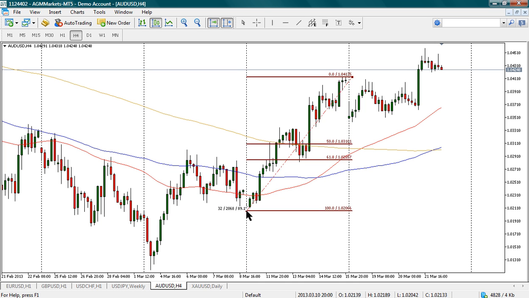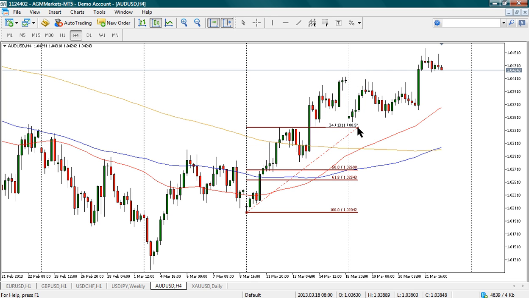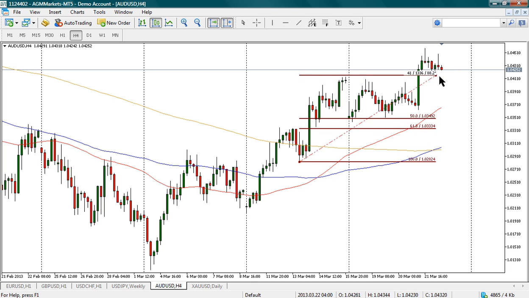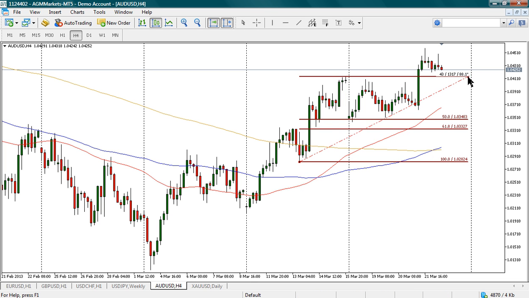We'll look at this one first. This one didn't quite reach the 50%, but I guarantee you it hit the 32.8. At the next dip, buyers came in and pushed the price up. Then if you extend your fib to the highs there and that low there, move this fib a little bit wider so you can see, bam, buyers coming in again at the 50% level, and the price has been coming up.